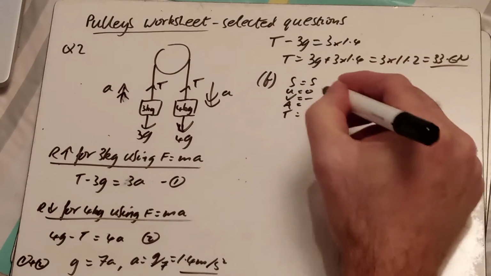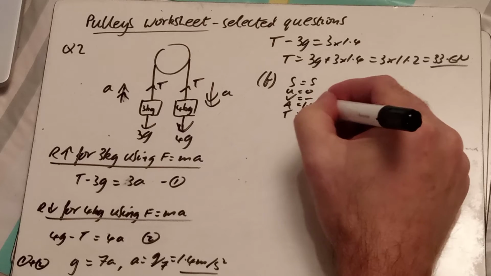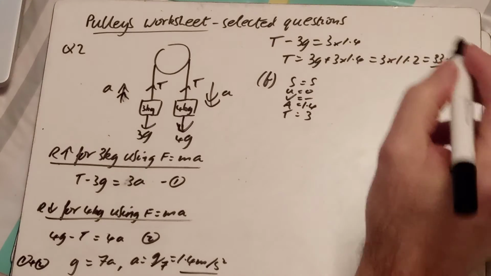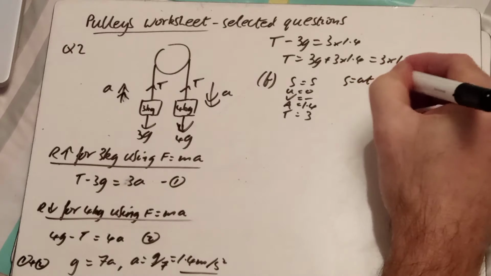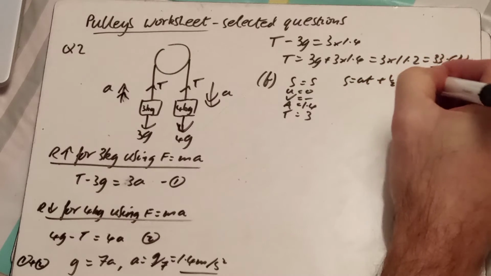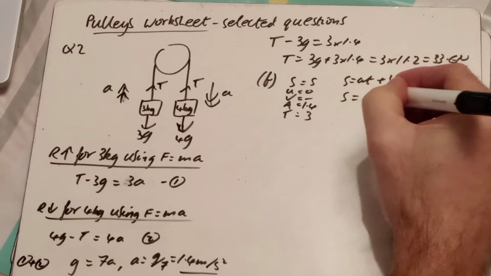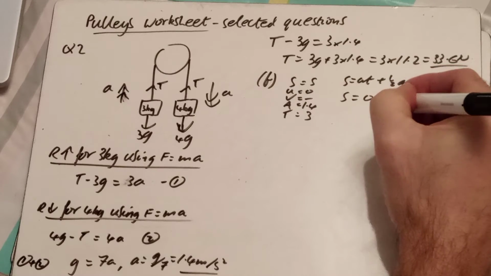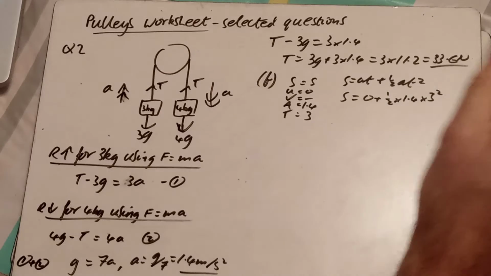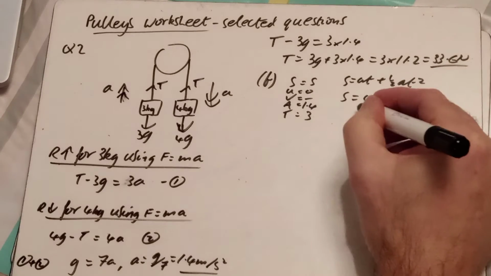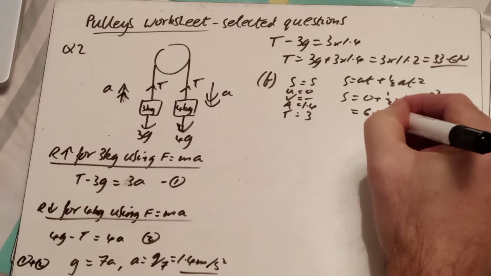U is zero, released from rest, and we don't care about V. T is 3 seconds. So it's the one without V: S equals UT plus a half AT squared. S equals nothing plus a half times 1.4 times 3 squared, which is 0.7 times 9, 6.3 meters.